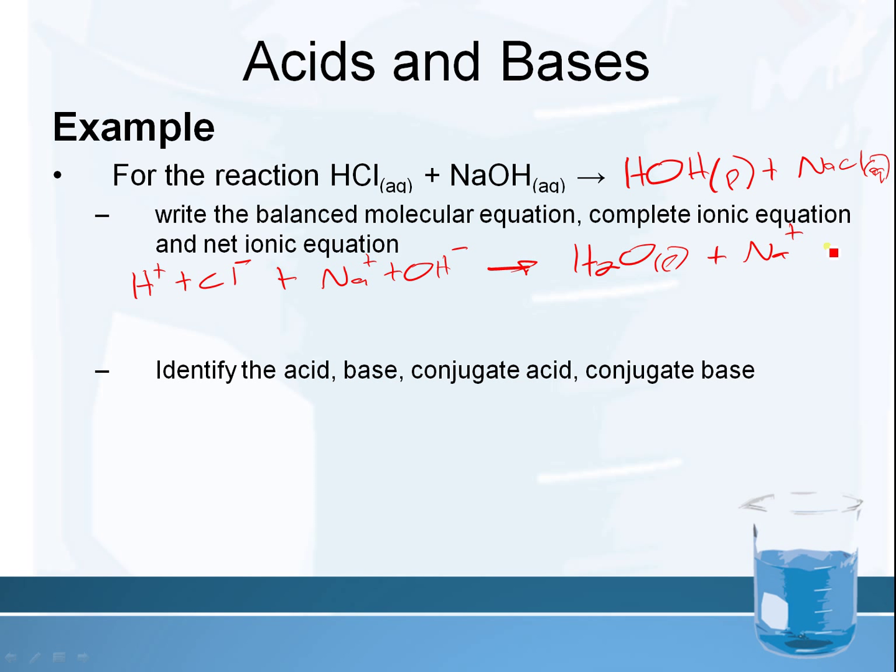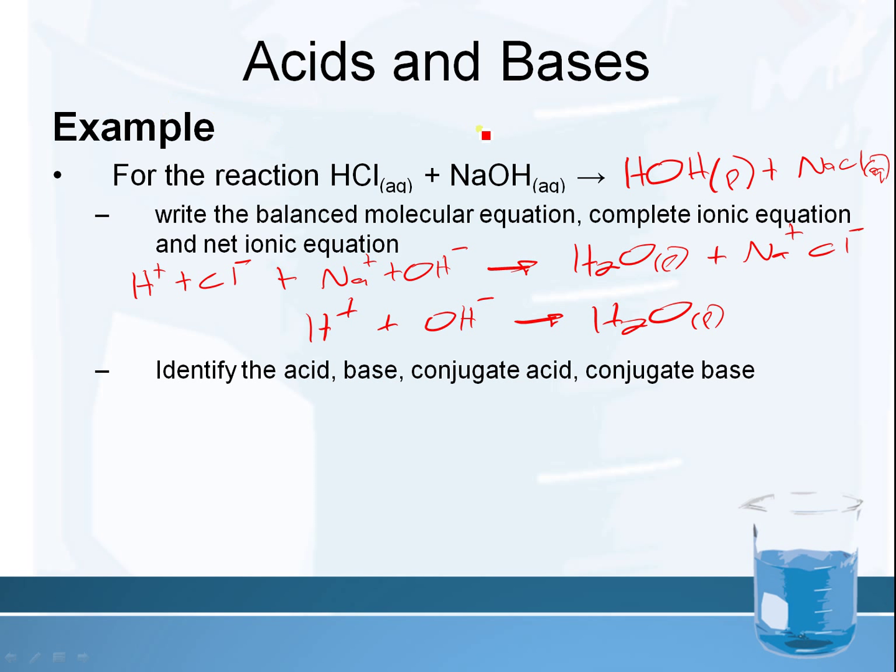But sodium and chloride come back as ions. So that is my complete ionic equation. The net ionic equation is whatever produces the solid or liquid. So hydrogen ion plus hydroxide ion forms water. Exciting stuff.